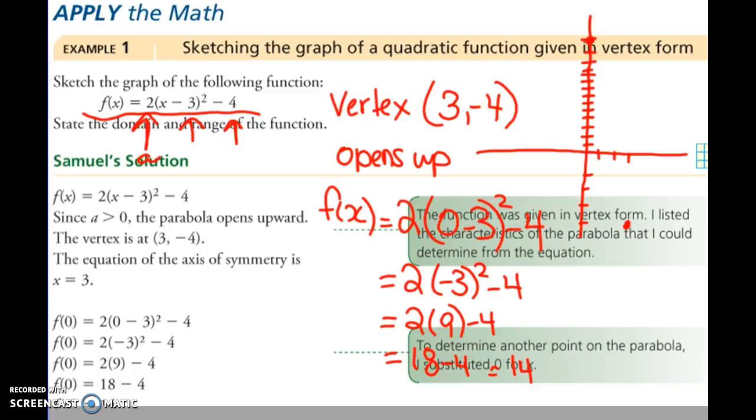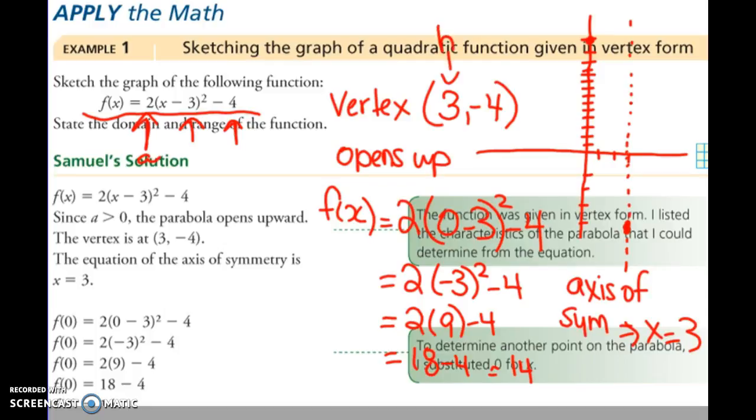Okay, so if we know our vertex is our middle point, that means our axis of symmetry goes through our vertex. So our axis of symmetry is equal to x equals 3. Because remember, it is our value of h.